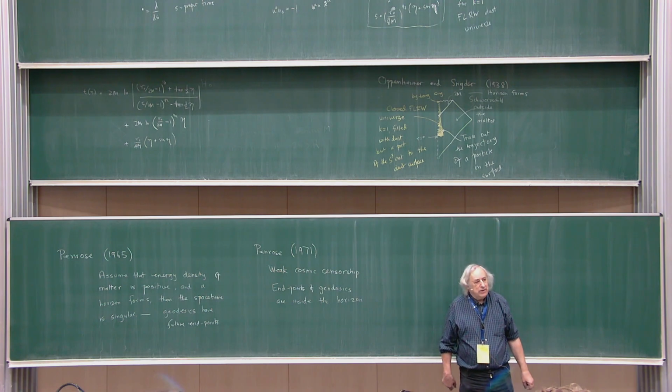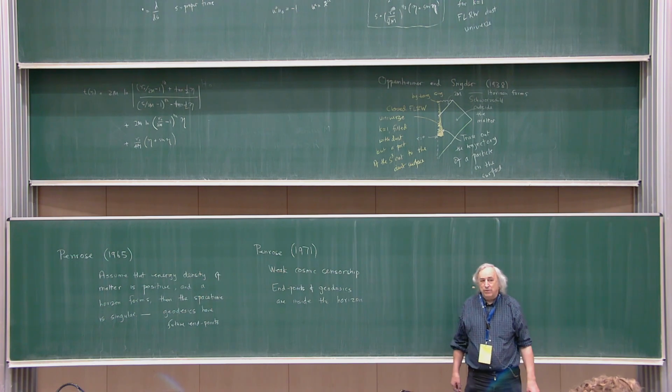Another way of saying it is that an observer outside the black hole cannot see the endpoint.